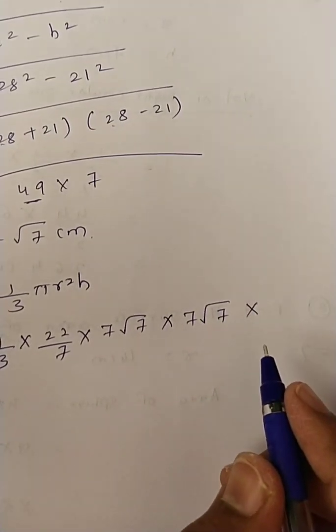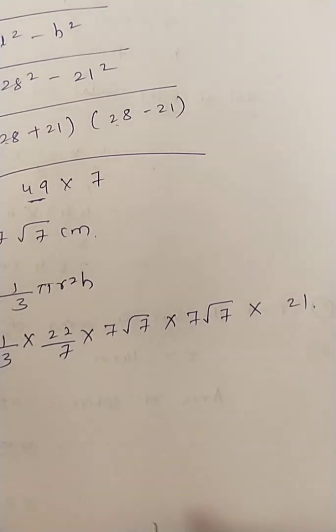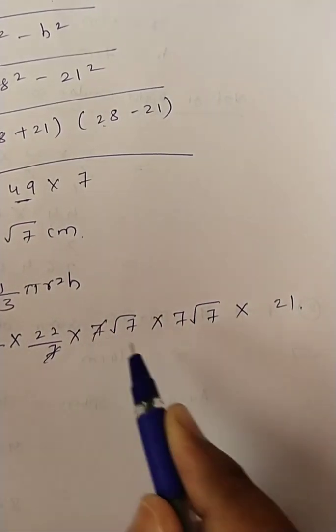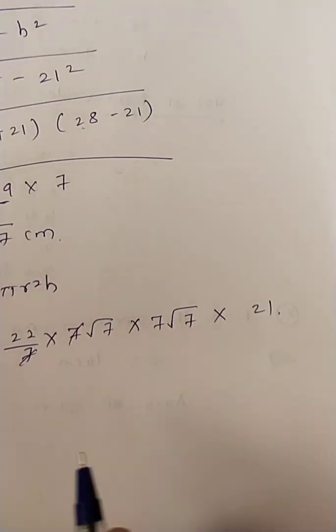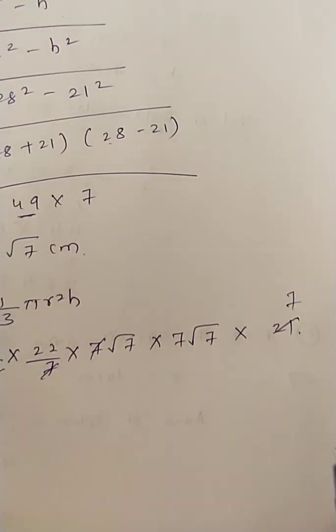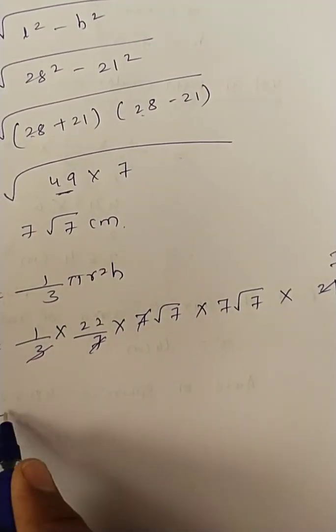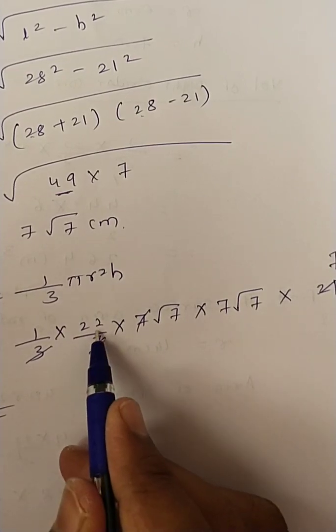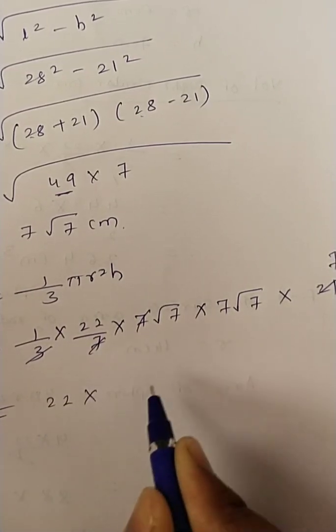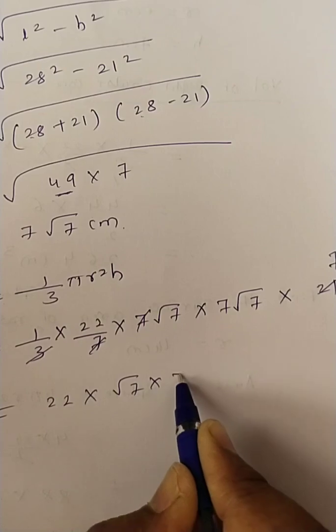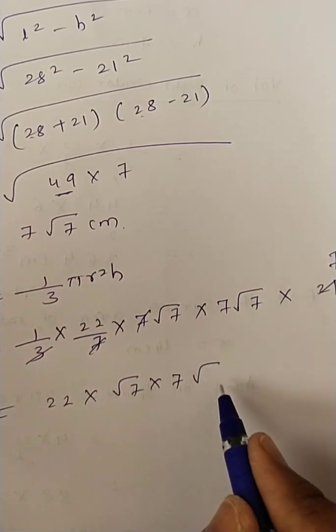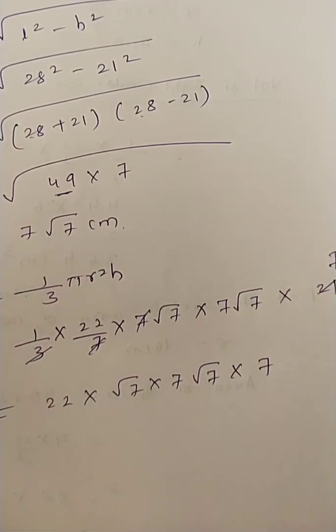So what is your h? H is your 21. Okay, so this 7 gets cancelled, and 3 ones are 3, 7 threes are 21. So after simplifying, what is remaining is 22 into root 7 into 7 into root 7 into 7.